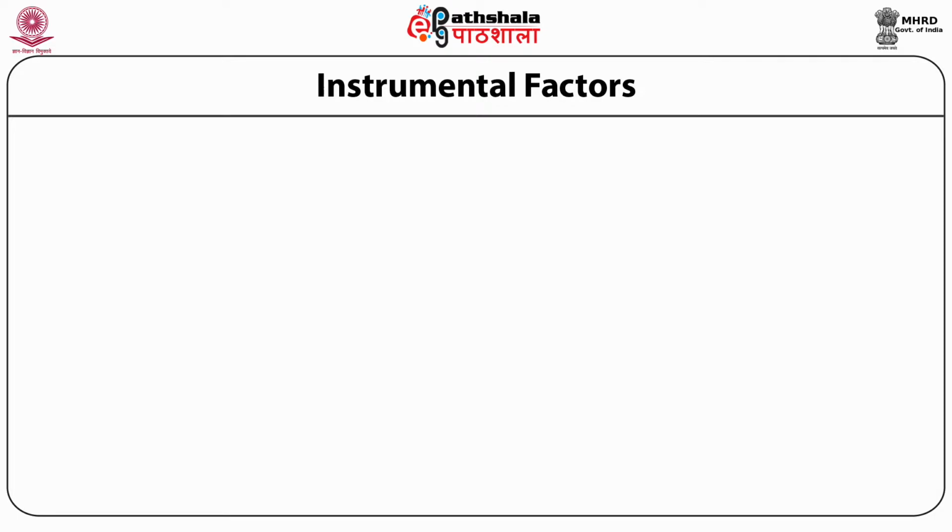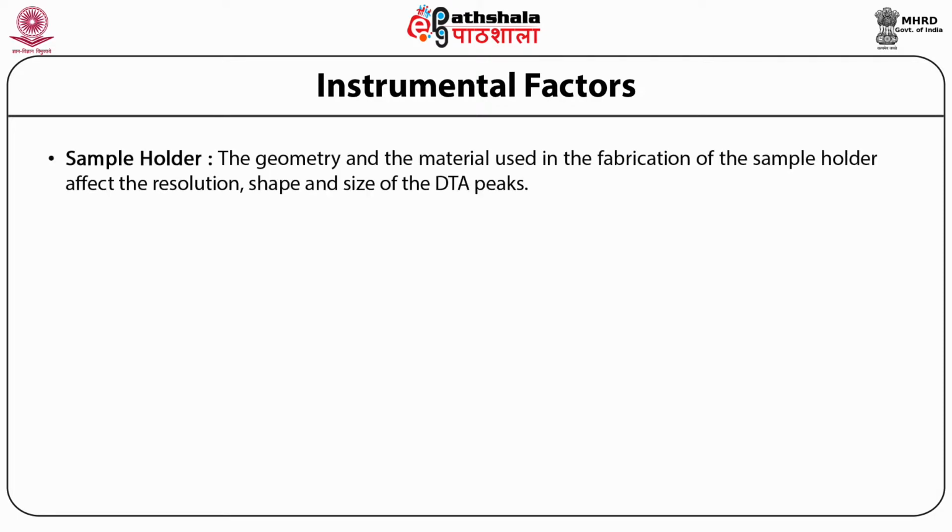Instrumental factors. The geometry and the material used in the fabrication of the sample holder affect the resolution, shape, and size of the DTA peak. If the sample holders are made from materials of high thermal conductivity, that is, metals, sharp exothermic peaks but relatively flat endothermic peaks are obtained.